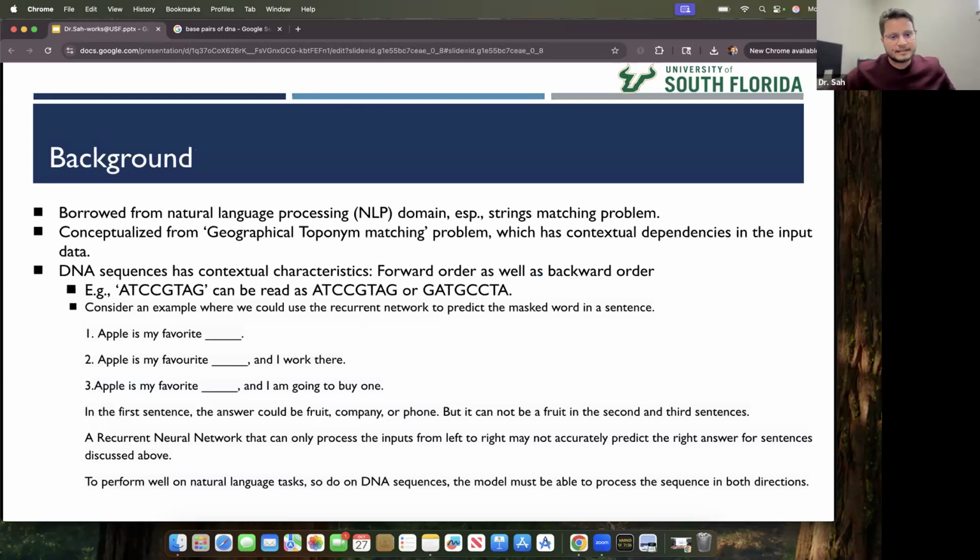As I mentioned, this is a borrowed concept from NLP, natural language processing. There is a very well-known problem called the geographical toponym matching problem. In toponym matching, let's say you have a city name, but it has multiple names.